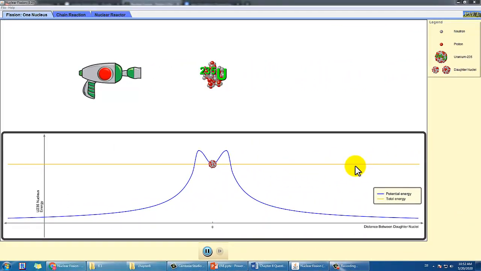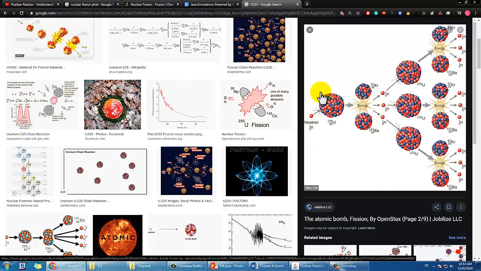Okay, so first of all, what happens in one nuclear fission is that usually the fuel we use is uranium-235. This is the mass number of the uranium atom, and you may see a lot of different diagrams like this one. They will split into something else, and after they have split up, they will also emit neutrons that can help enhance the next reaction.